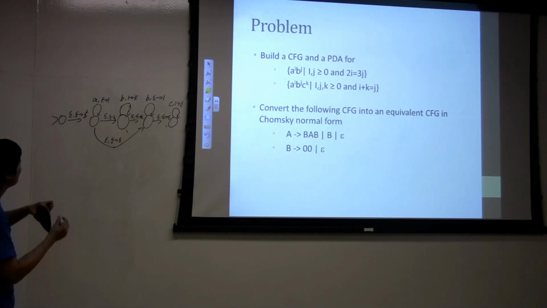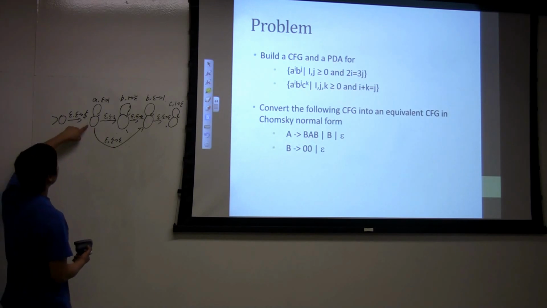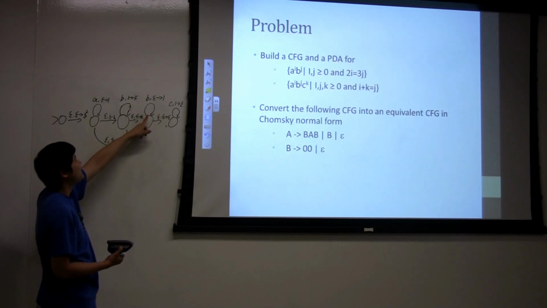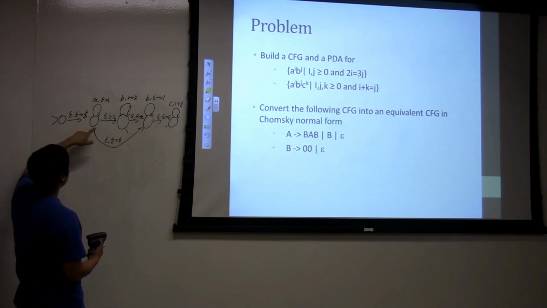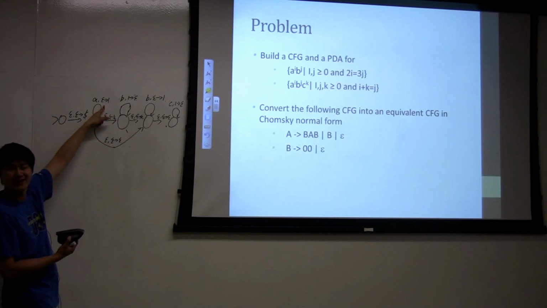So in my solution, I've inserted a state between them. Then the epsilon transition, basically, between those two, the first and second state, means the loop doesn't need to be gone over, right? So the C can consume the ones from A. So you've got an epsilon transition.